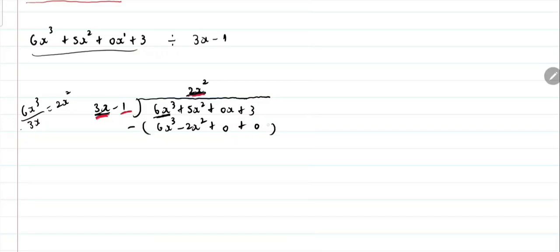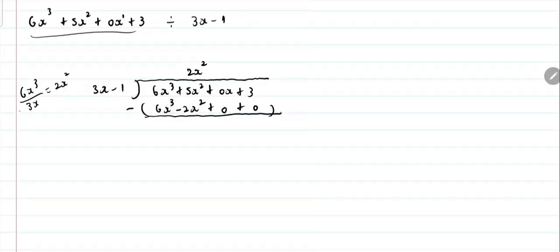Now I subtract. Alright. 6x cubed minus 6x cubed is 0. Right? 5x squared minus 2x squared. Let me write it out. 5x squared minus 2x squared.